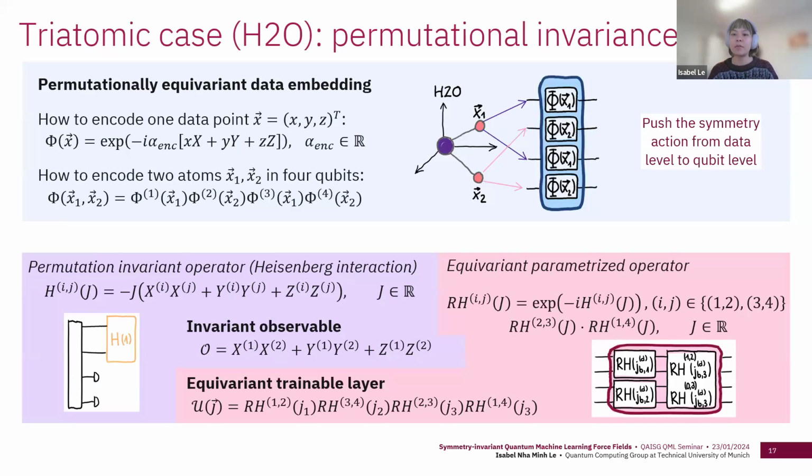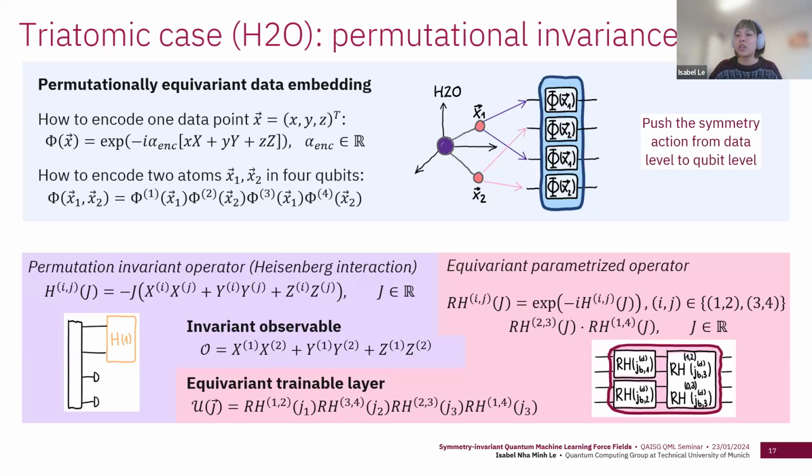For the equivariant parameterized layer, we need to be a little bit careful when it comes to the selection of qubit pairs in order to obtain equivariance. That means operations that commute with the swappings. This is fulfilled for exponentiating the Heisenberg interaction that acts on the first two and the last two qubits, each separately.